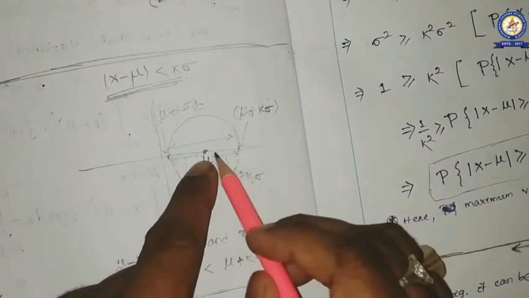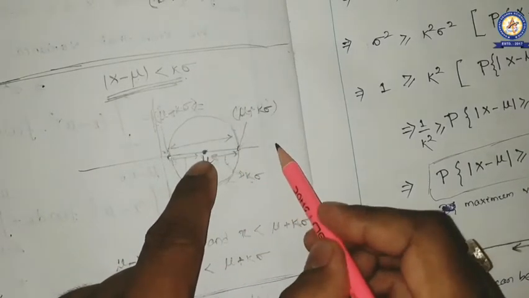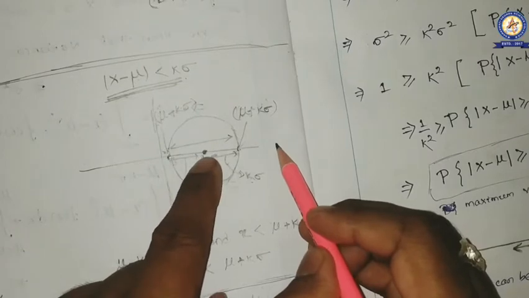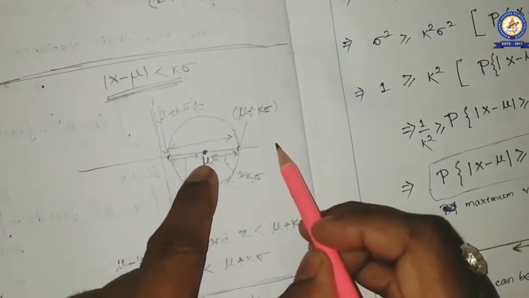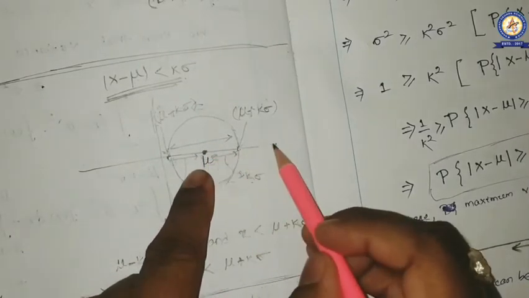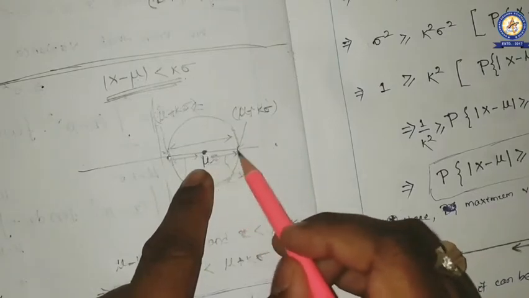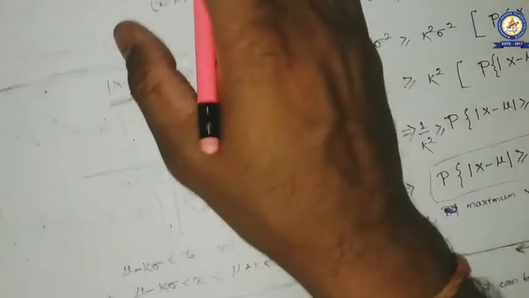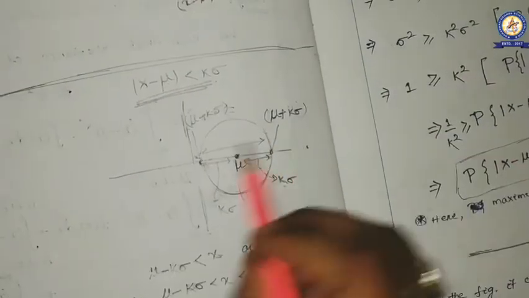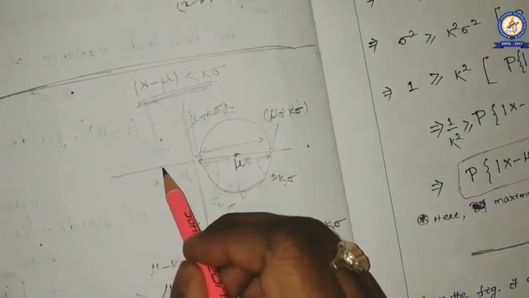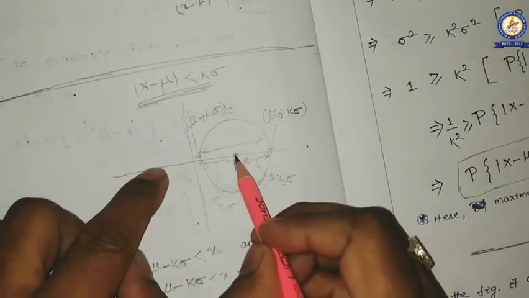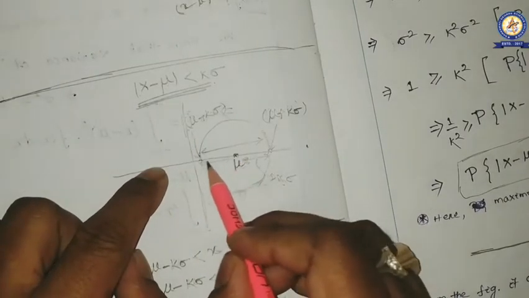You see, if I take a point here, then the distance from this to this is greater than this radius, as we already discussed here. Likewise, if I consider one point here, then from this point to this point is always greater than this distance.